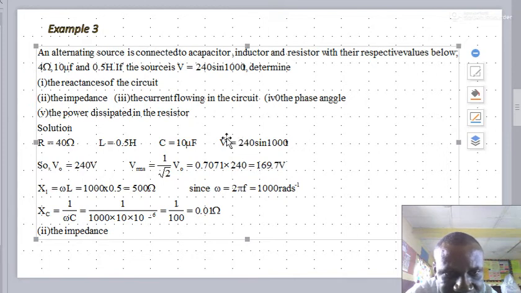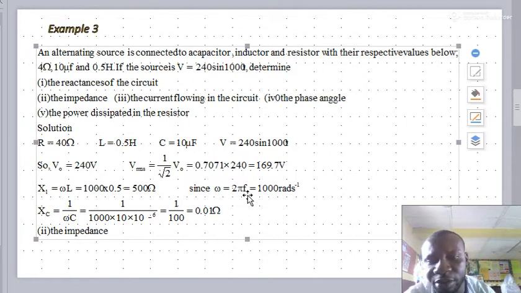From here, because the instantaneous voltage V is given by 240 sine 1000t, okay, 1000t, please, there's a t here. That means the angular frequency is 1000 rad per second. Please take note, angular frequency is not exactly the same as frequency.